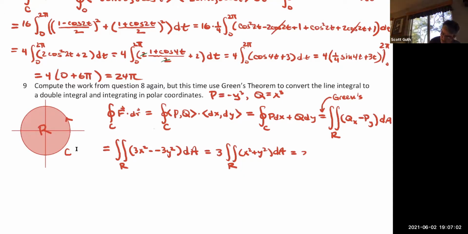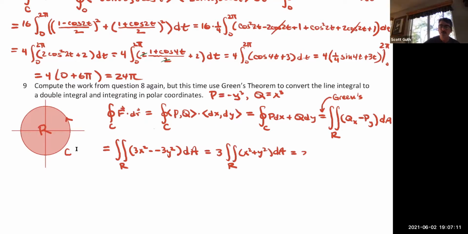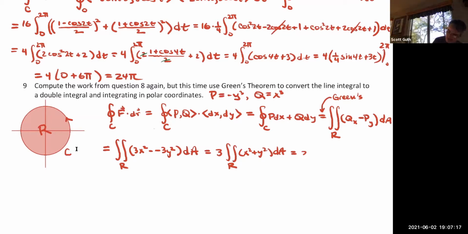Professor, I don't know if maybe it's just me, but it's taking a while for the work to be uploaded. Oh, really? Yeah, we can't see past the double integral of x squared plus y squared dA. Okay, let me stop the share. You guys are all seeing that? Sorry, I didn't know if it was just me, so I didn't want to stop everything. No, it's good. I'm glad you said it. Thank you.